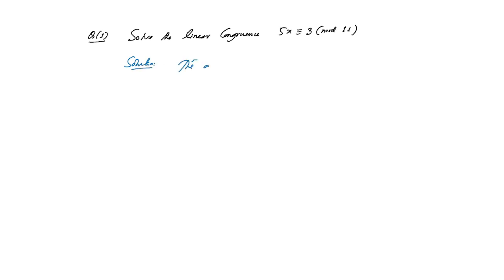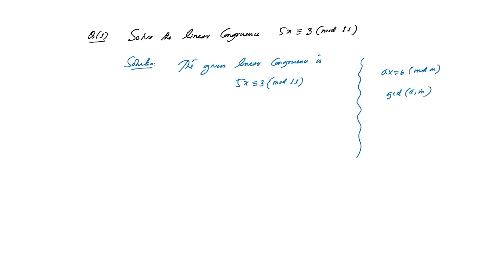So the given linear congruence is 5x congruent to 3 mod 11. Here we just compare with ax congruent to b mod m. So we calculate the GCD of a and m. Since a is 5 and m is 11, the GCD is 1.